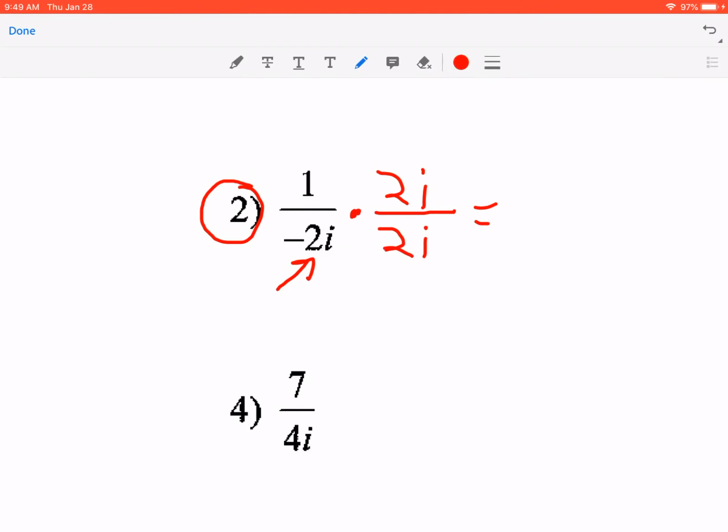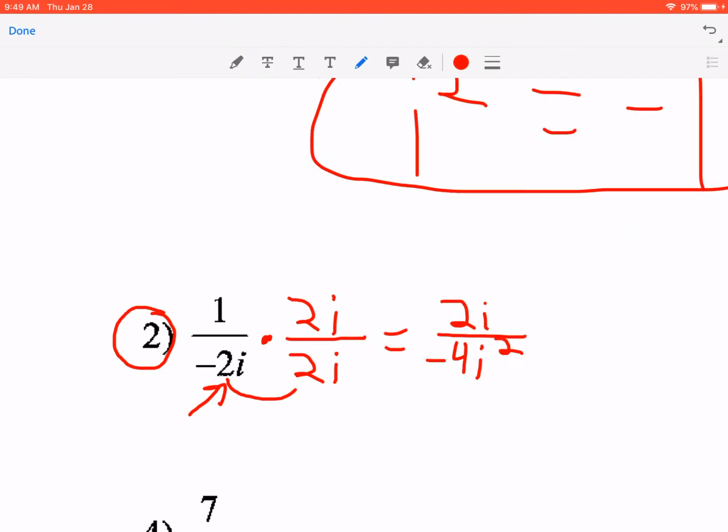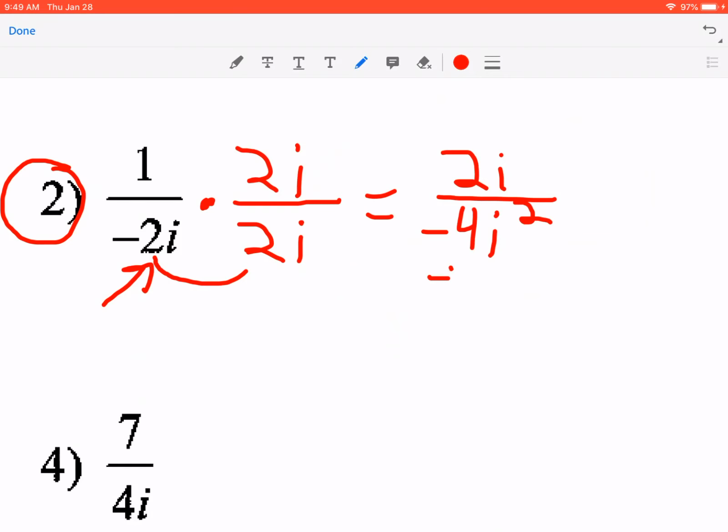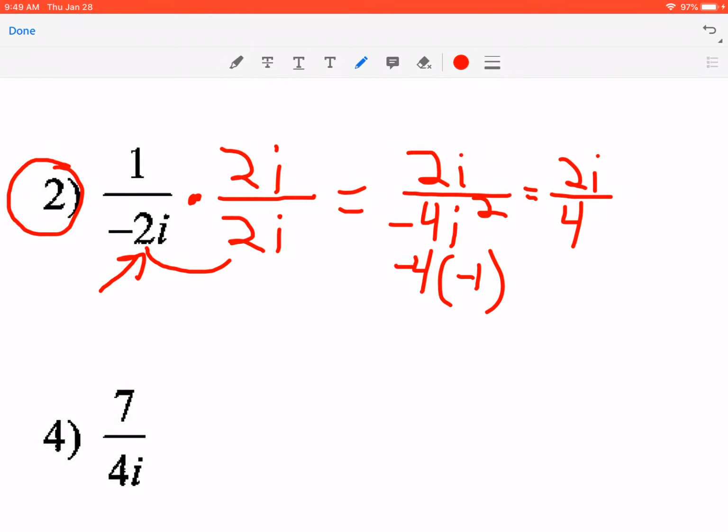So up top I get 1 times 2i is just 2i. -2i and a positive 2i is minus 4i squared. But remember, i squared is always equal to -1, so it's really just -4 times -1. So my answer is 2i over 4, but you can simplify that.